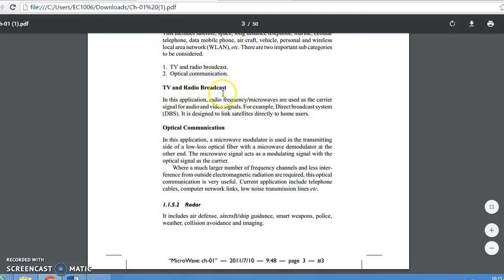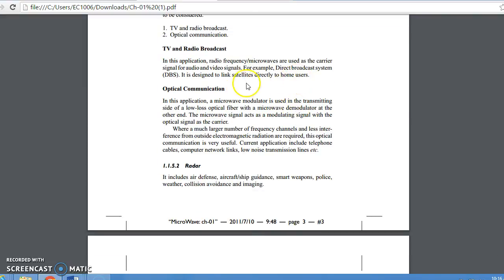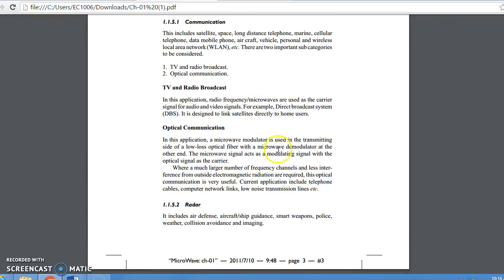In television and radio broadcast, microwaves are used as a carrier signal for audio as well as video signals. For example, the direct broadcast system is used to link satellites directly to home users. Now we can see in our homes that DTH is available. That is possible with the help of current microwave technology.